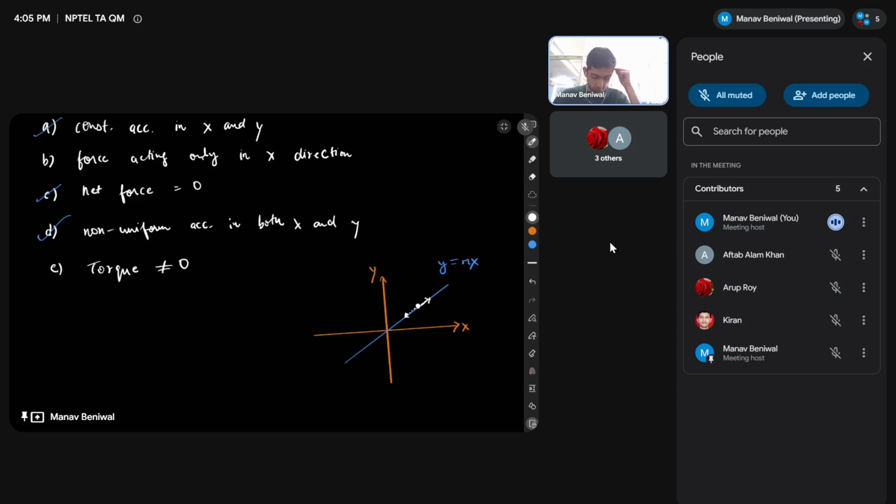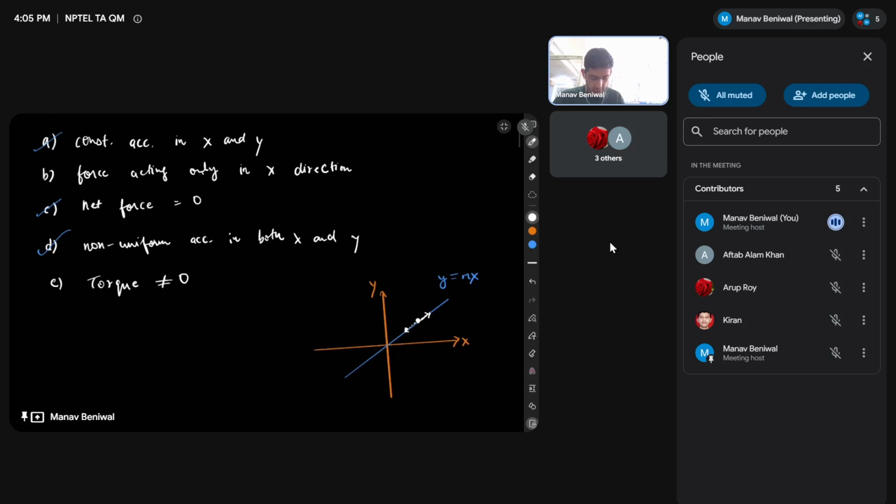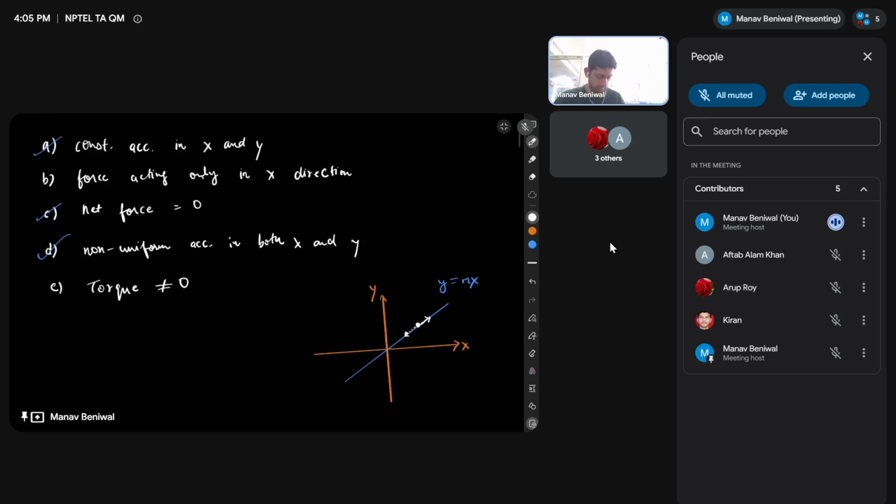So, constant acceleration in x and y. Let us write it like this.